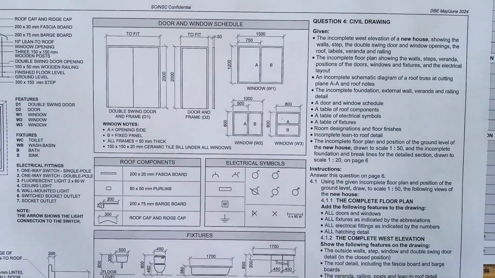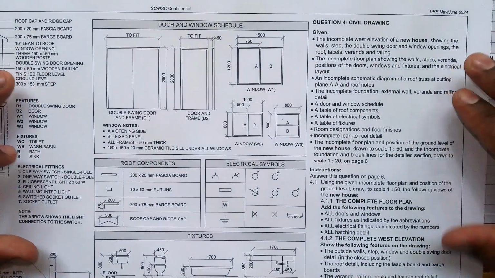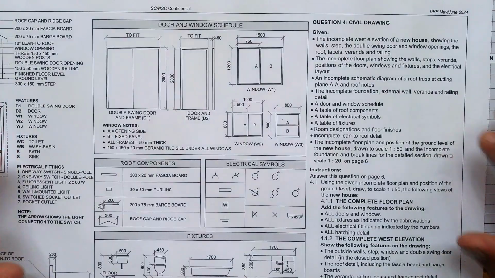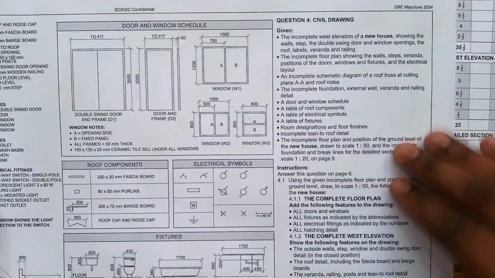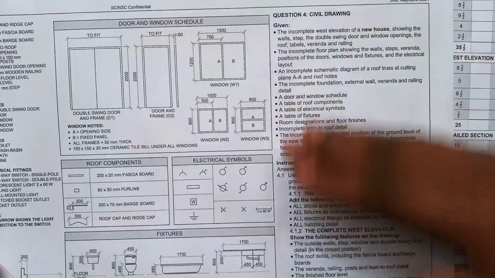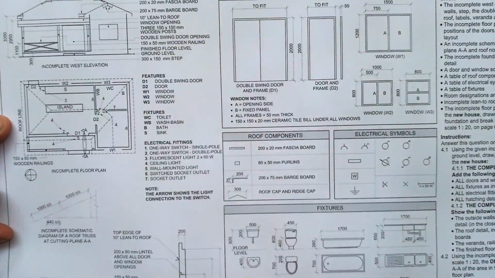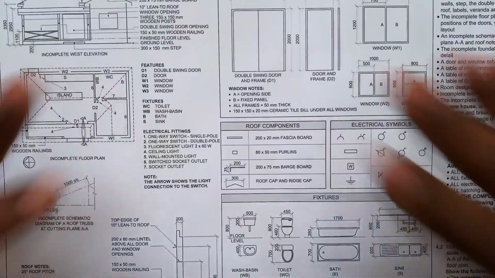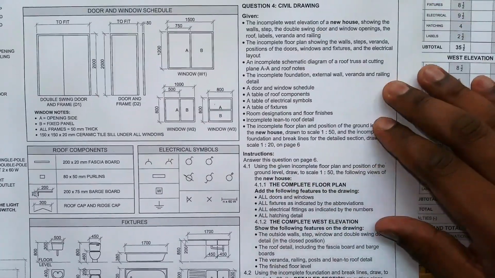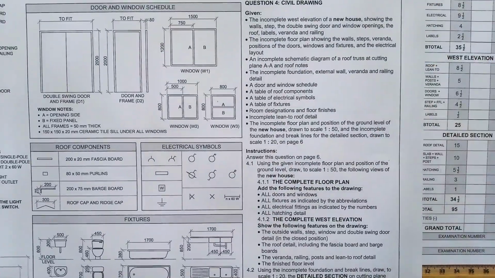When you approach this question, you have to read the given instructions, and then analyze the given information on this page. Make sure when you read through the instructions you understand what is required and what's given.